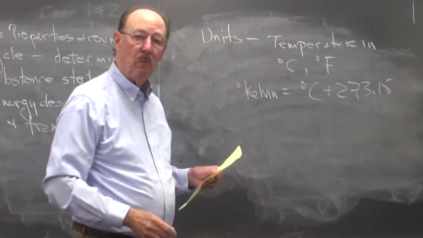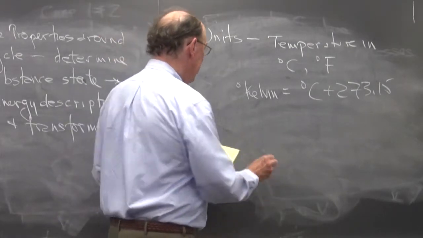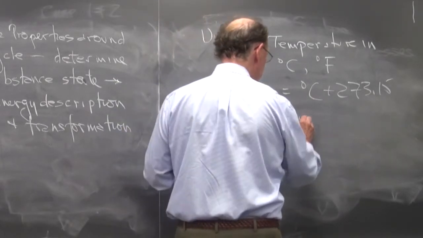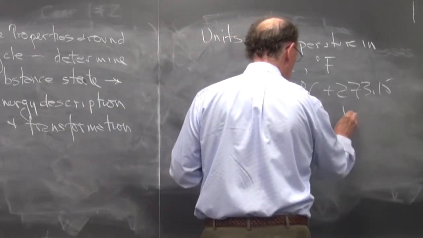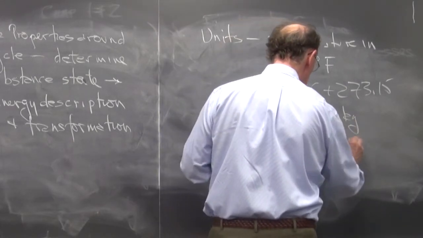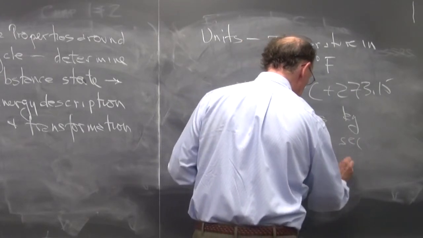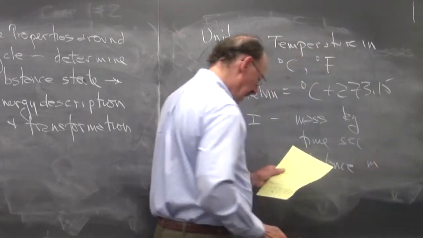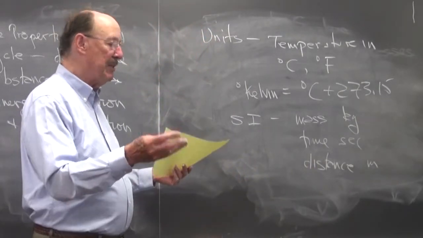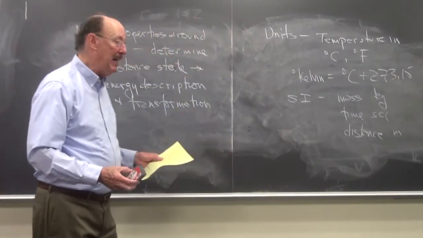Normally we just use 273, and we're using the SI system, System International, so we have mass in kilograms, time in seconds, distance in meters. And obviously we could have derivative units from these, of course. And then I can look at Newton's law, F equals ma.